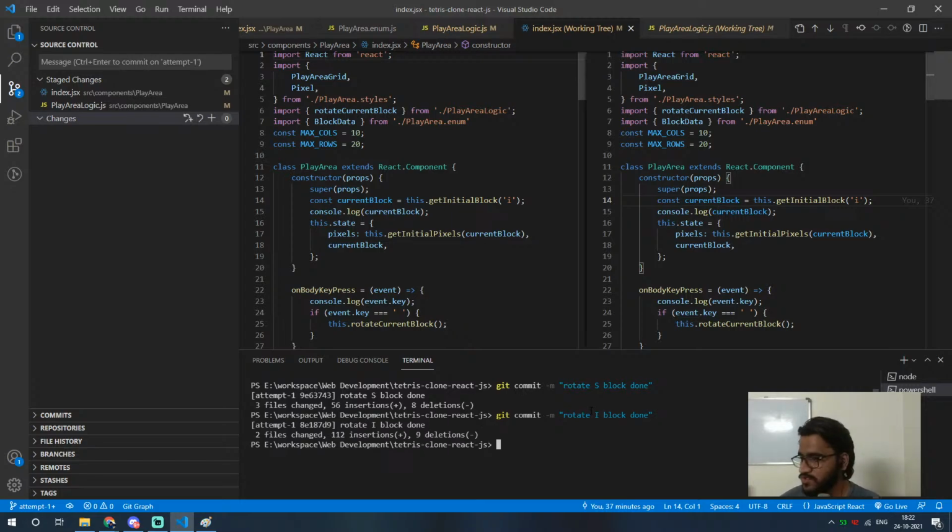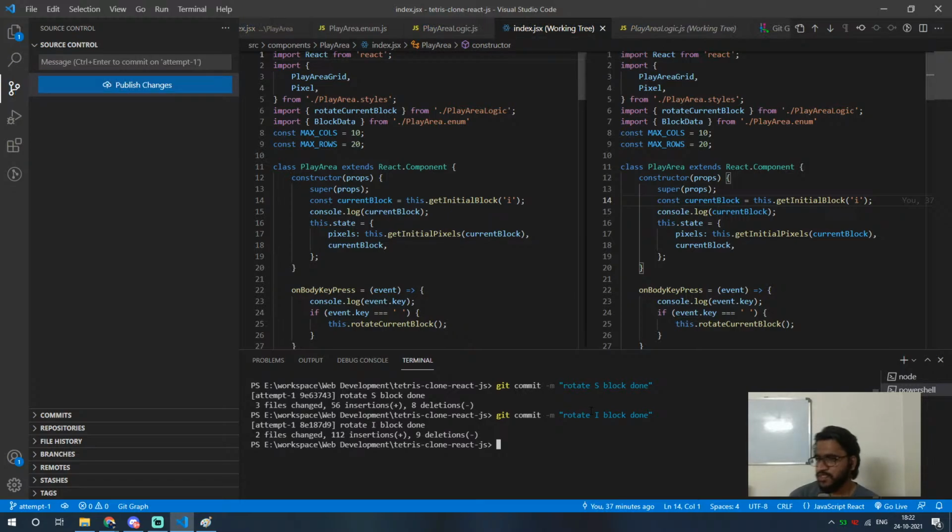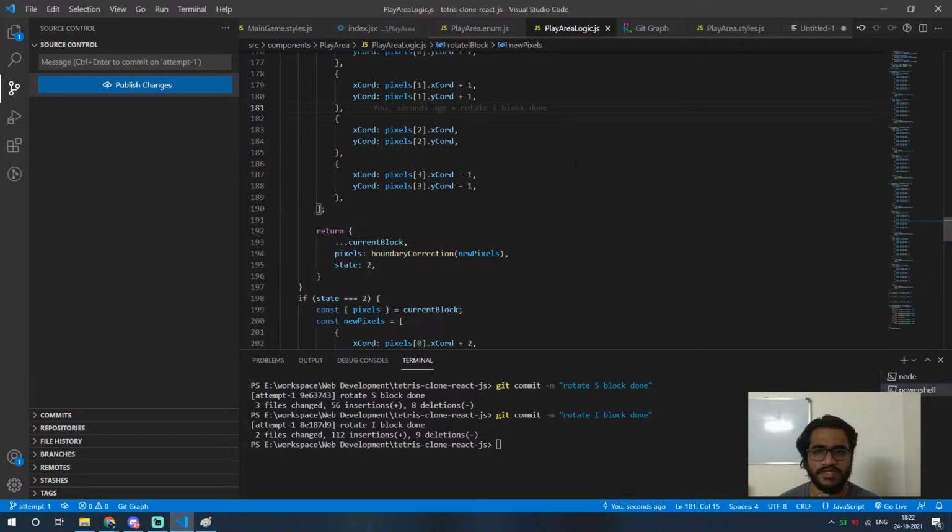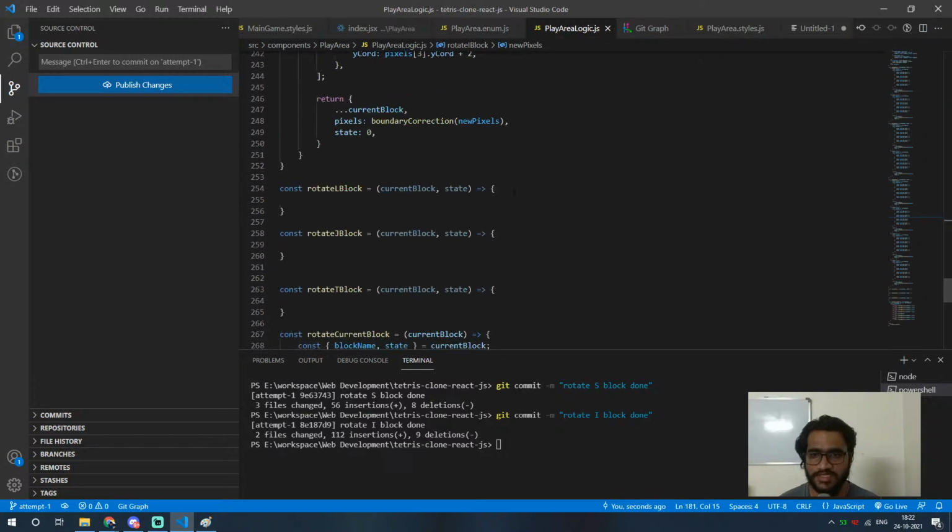I block rotation is also done. So let's carry on with the next block, which is the L block. These are the ones which are a little complicated, I think, but the logic is the same.